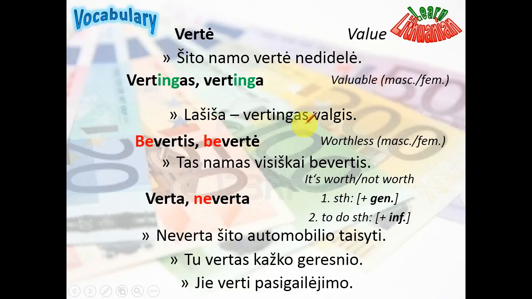Or in colloquial speech, in everyday Lithuanian, you could hear people saying lašiša. But perhaps it's not hard to differentiate, to discern. But you could also hear lašiša. Lašiša, vertingas valgis. Salmon is a valuable product.